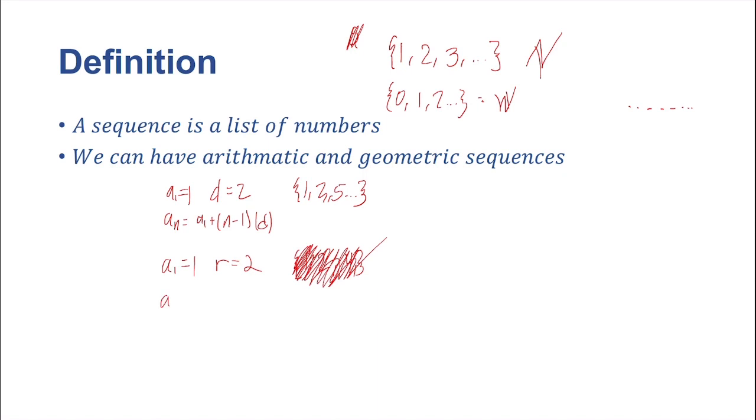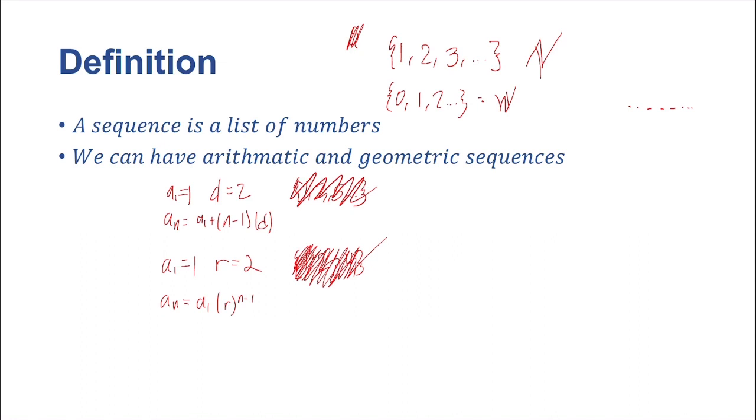And for a geometric sequence, it is defined as a sub n equals a sub 1 times the common ratio to the n minus 1th power. So you can see a little bit of a similarity there. These are two elementary sequences that we know very well from pre-calculus, but we are going to spice it up a little bit later in the video.